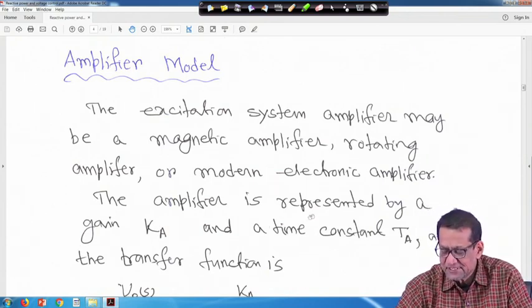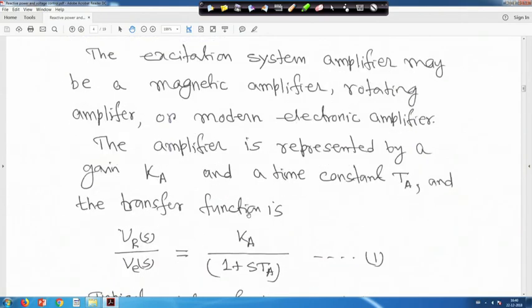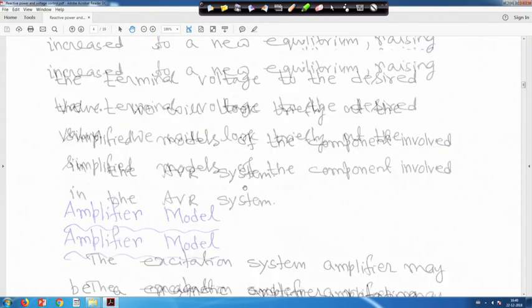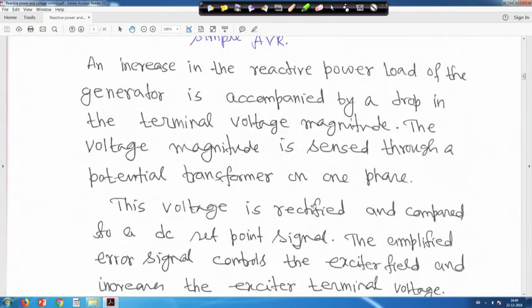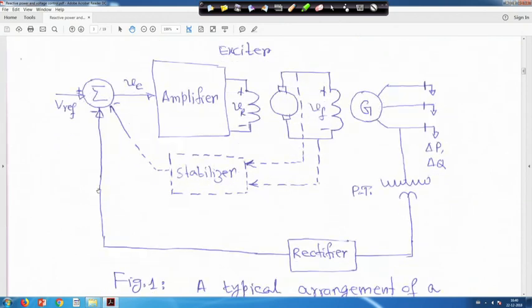The amplifier is represented by a gain Ka and a time constant Ta, and the transfer function is VR(s)/V(s) = K/(1 + sTa). In the schematic diagram, V is the error signal, V reference minus the rectified signal Vs.